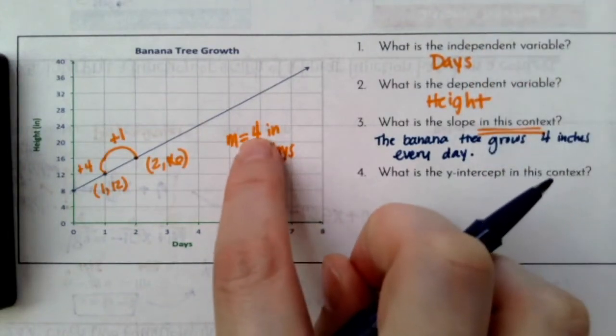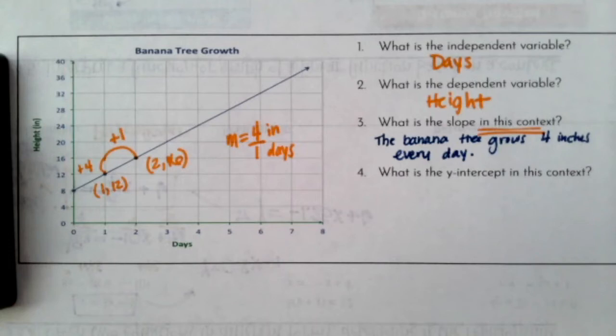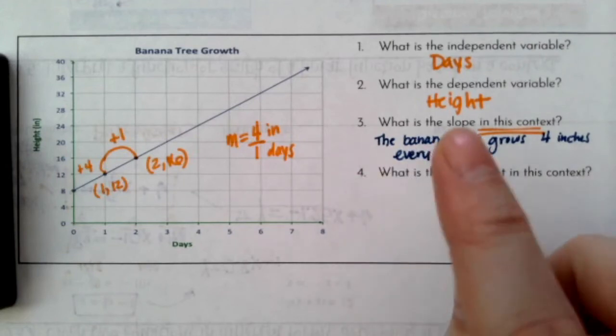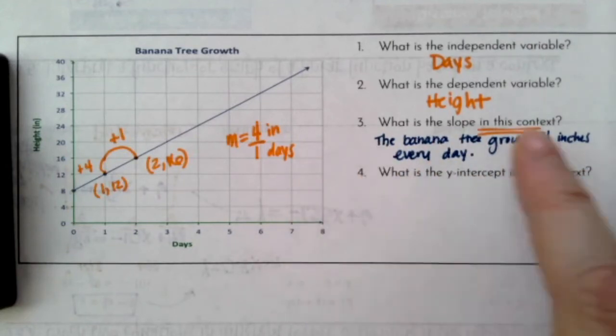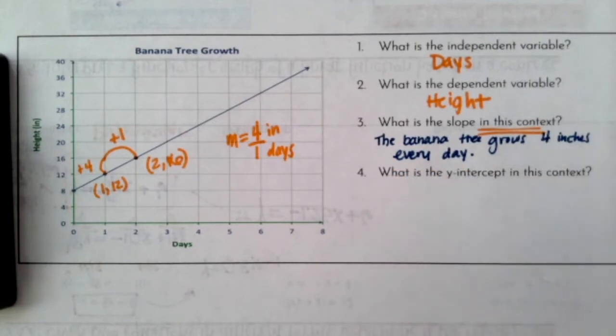And we're growing because this is positive. You could also say every day the banana tree grows 4 inches, or for every 1 day, the banana tree grows 4 inches. As long as you have both the 4 inches and the every day, then you will get that part correct.